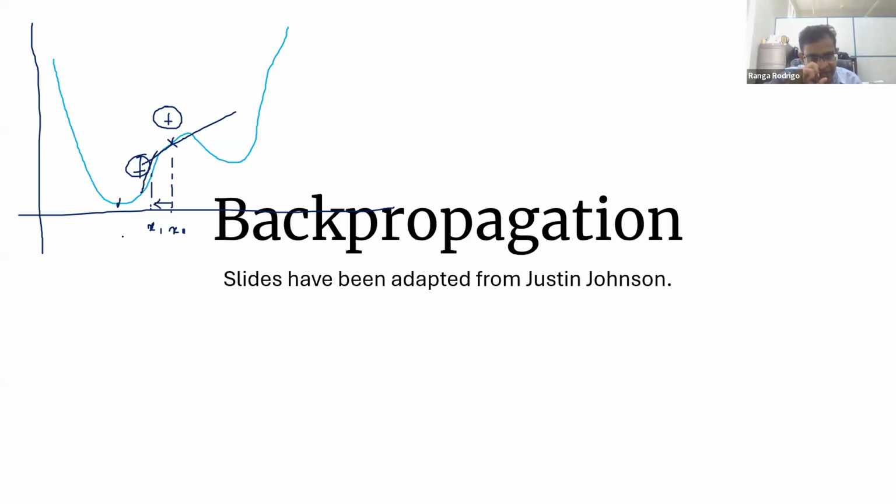But for this, we need the gradient of the function with respect to x. If you have a function of a function, that means you have layers and layers of neural networks, finding the gradient of the loss function with respect to the weights has to be done through the chain rule.